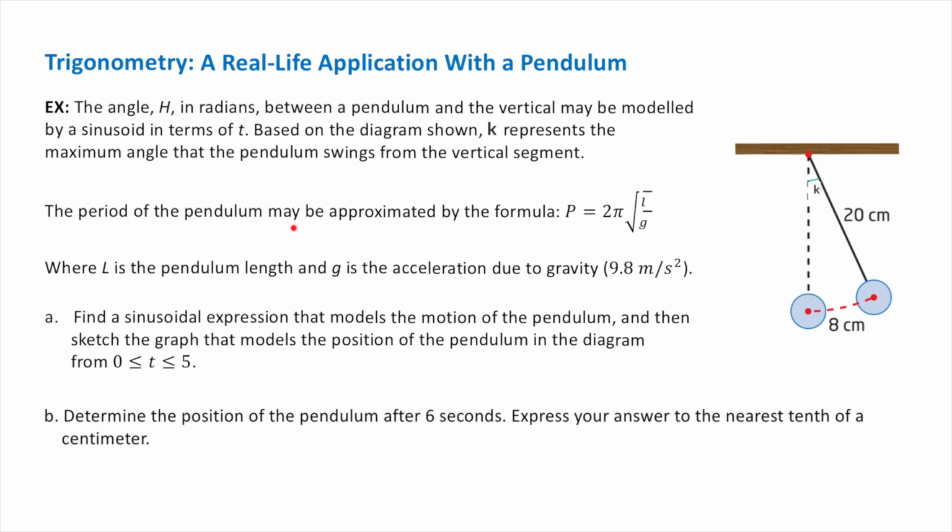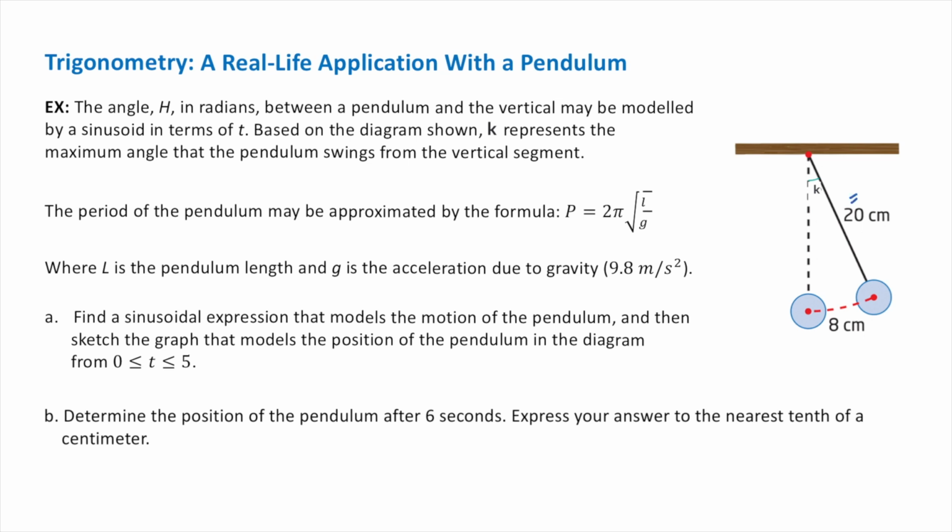The period of the pendulum may be approximated by this formula. So this is going to give us the period of the pendulum, where L, this is uppercase L, is the pendulum's length. So this is right here. I'm going to even write that down.